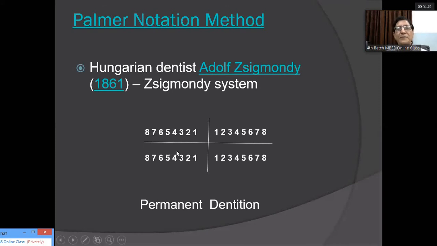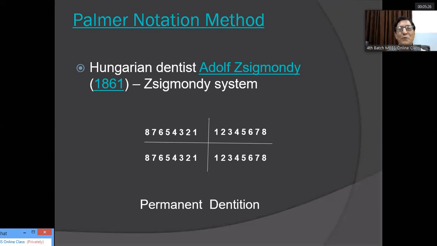Now this is for the permanent dentition because we have 8 teeth. But for the deciduous dentition, it's different. We use the same quadrants, but instead of numbers we use capital letters: A, B, C, D, and E. That is 5 teeth: ABCDE, ABCDE, ABCDE, and ABCDE. That's the difference. If you write this line and write 1, that becomes right upper permanent central incisor.